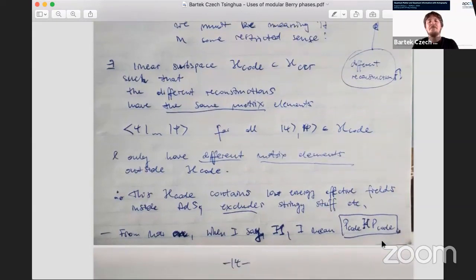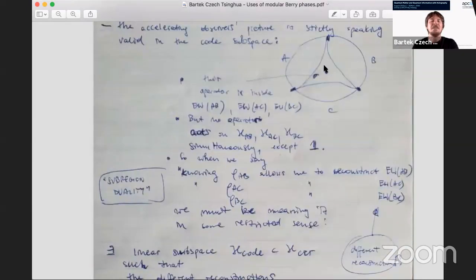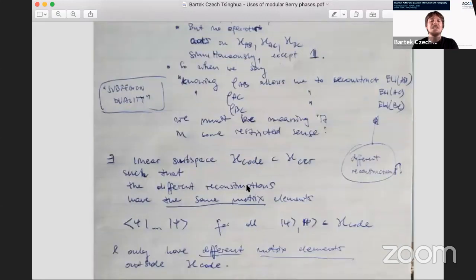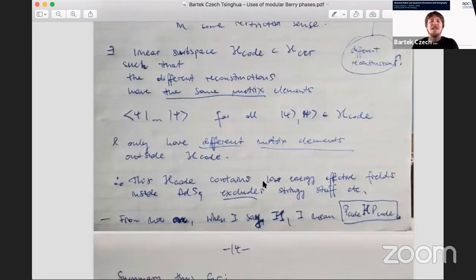And everything that I say in my AdS/CFT discussion, I will always implicitly assume that I have projected onto the code subspace, so that I don't run into these problems of ambiguous reconstructions, and also so that I can freely use the language of low energy effective field theory in the bulk of AdS.